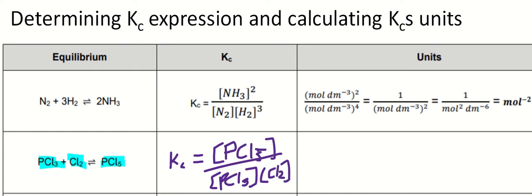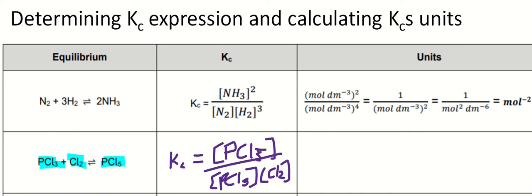And it's as simple as that, because you've got all of your products on the top times by each other, but it's just one thing, and all of your reagents on the bottom times by each other as well.